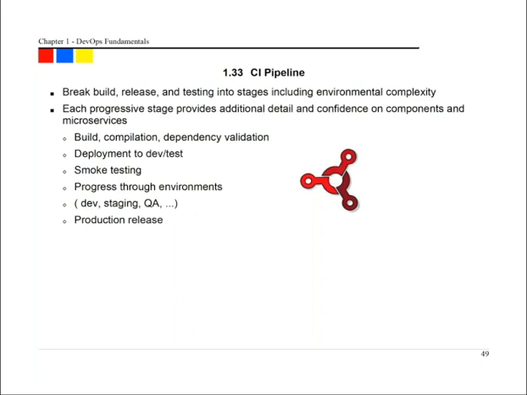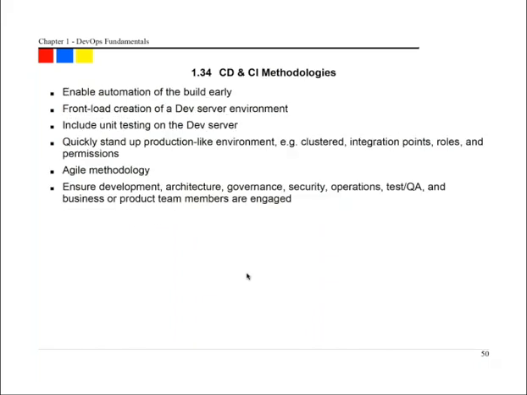So if I have one developer, Mary, and she's working on a component, and she checks in some code related to that component, the entire product, not just her component, is all built. It's all turned into an executable artifact, and then we test it. We do unit testing, we do integration testing, we do smoke testing, whatever automated testing we've built up over time. Now, the rest of this slide talks about progress through environments, and that's actually CD, so it actually shouldn't be on this slide.